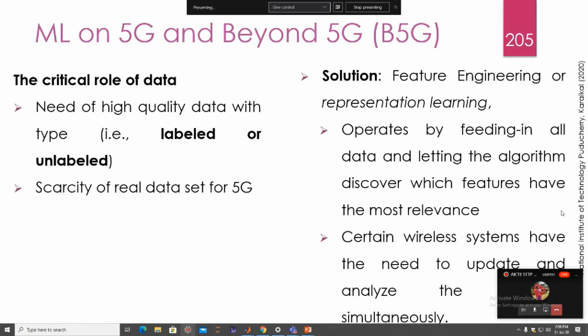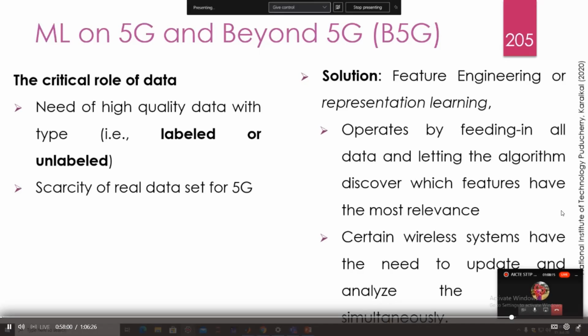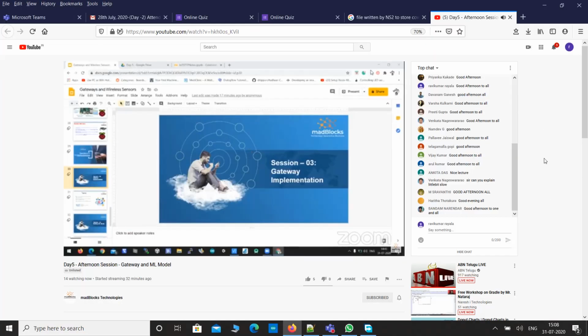So, the critical role of data. Basically, whenever a machine learning algorithm is working, there are two phases: one is training, another is testing. Whenever training is there, we have to optimize the weights. And this training is performed with labeled as well as unlabeled data. So for that reason, we require high quality data, both labeled and unlabeled. But there is a scarcity of real data sets for 5G. Whatever research we are doing right now uses simulation data.